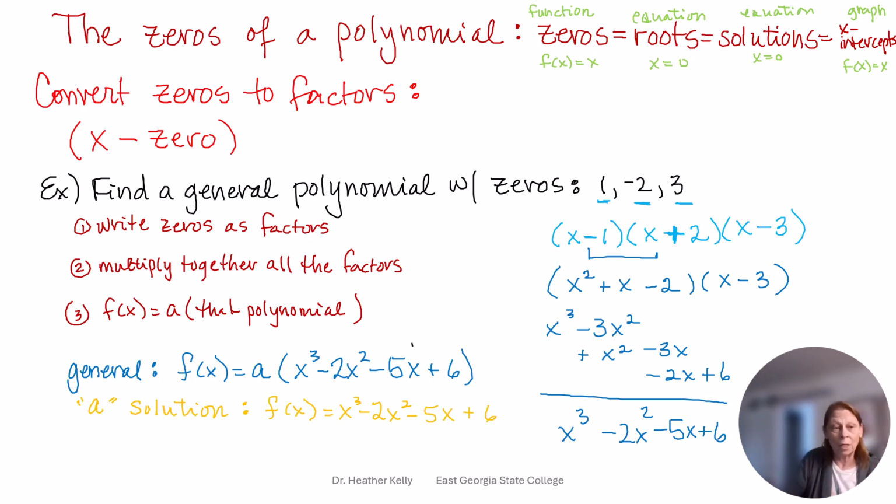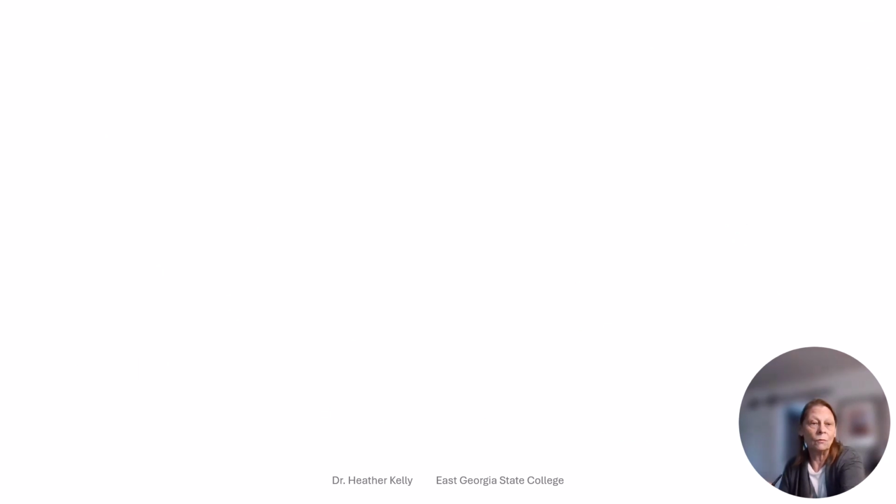But I need you to understand that this is the infinite and general solution to the question, and we could get every single solution to this question using that general form. Okay, let's do a couple more examples. I'll give you a you-do. Let me do one more example here before I do that.